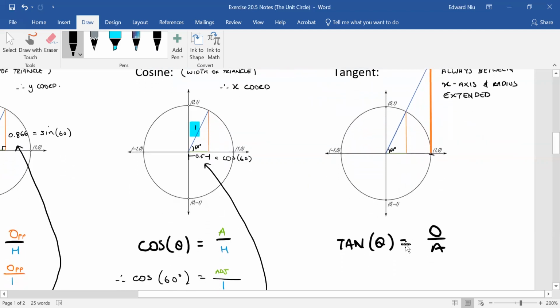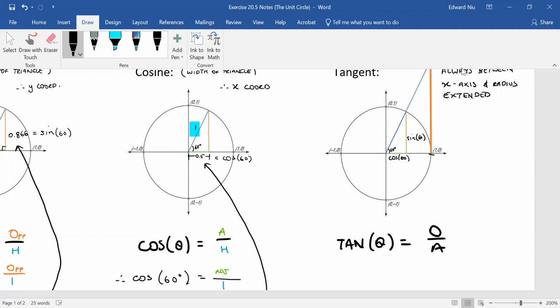So we know from this triangle, this length here is sine 60. Some of you might prefer 0.866, but I'm just going to write it as sine 60 so you're used to it. Down here, we know this is cos 60 because we did it in the previous question.